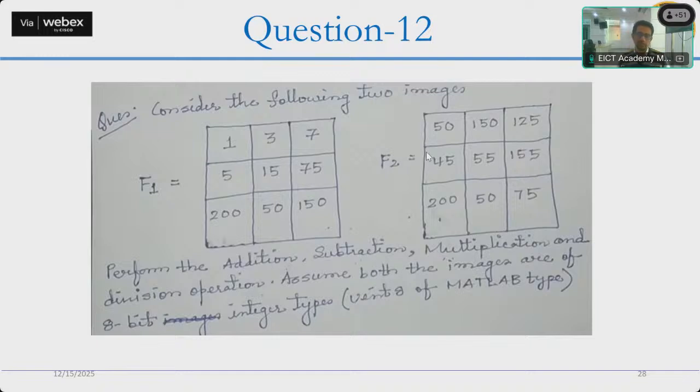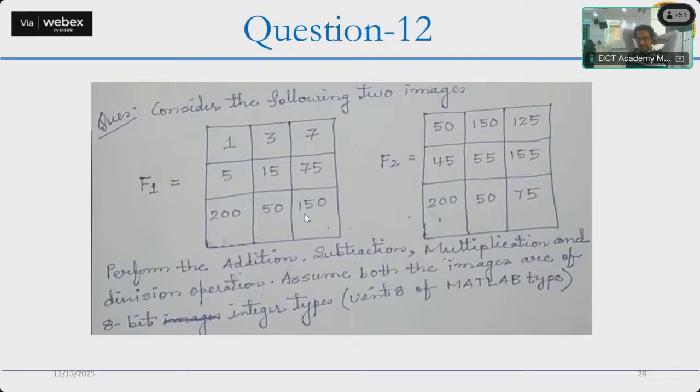What is it saying? Consider the following two images. These are basically images of 3x3 size. Can somebody tell me what these values consist of? F1 and F2. This box contains 200, 150. Intensity, very good.